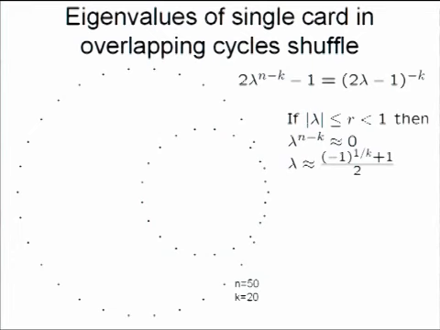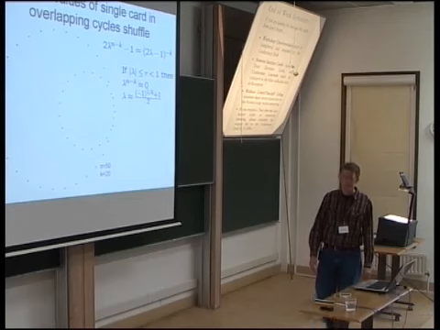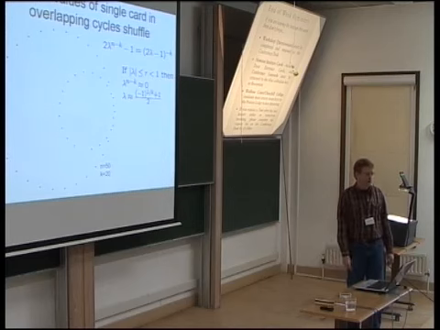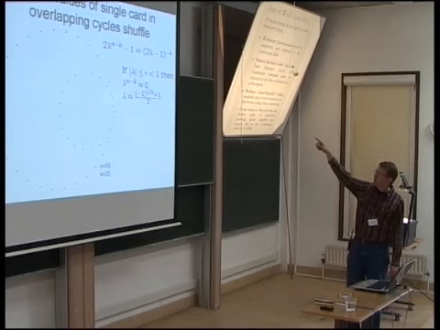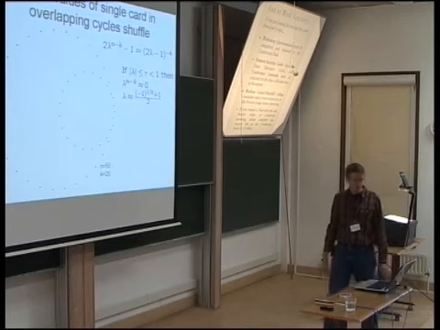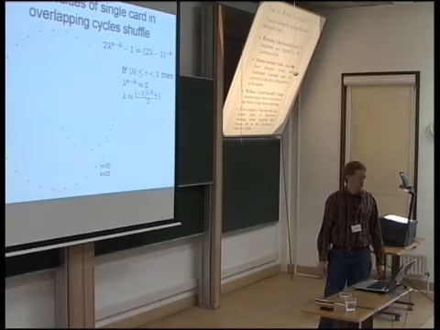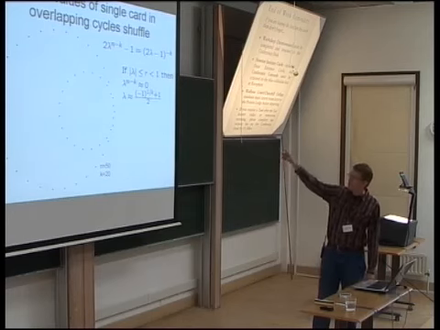Then lambda to the n minus k, as long as k isn't very close to n, which is perhaps some indication why the bell at 0 would be a little bit different, is going to be exponentially close to 0. And so if we solve that equation, substituting lambda to the n minus k equal to 0, we find that lambda is approximately a kth root of minus 1 over 2 plus a half, which explains the inner cycle.